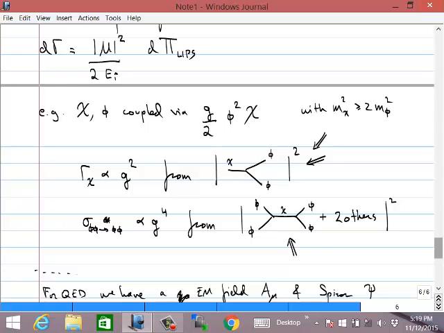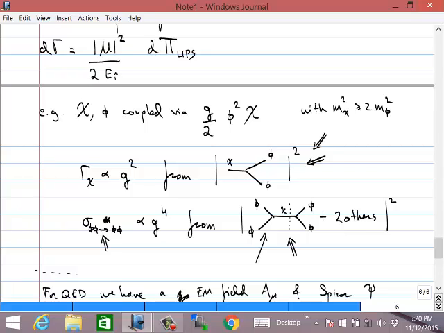And indeed, if you looked at how the process phi phi to phi phi proceeded, it proceeded, in the S channel at least, by these two phi particles colliding to make a chi particle, and then that chi particle decaying to make two phi particles. So if you put a detector right here, you would have observed that intermediate chi particle.